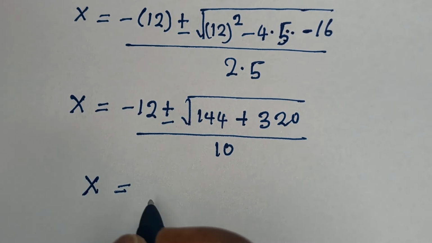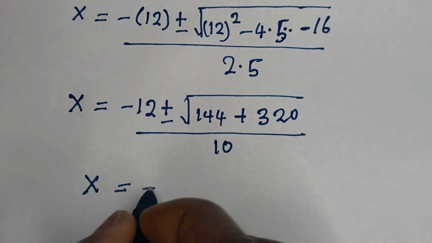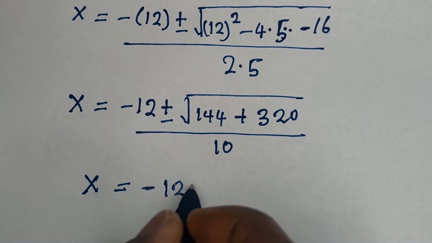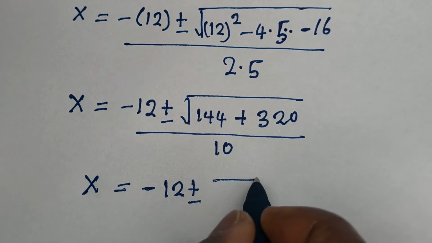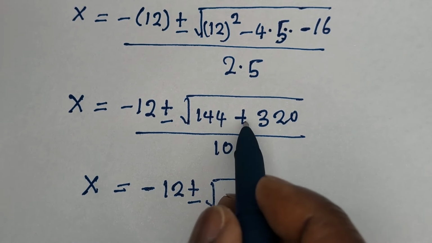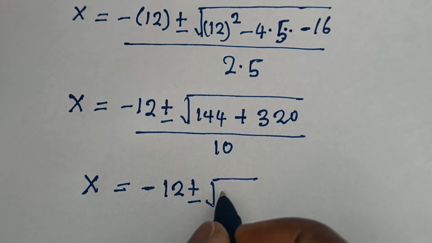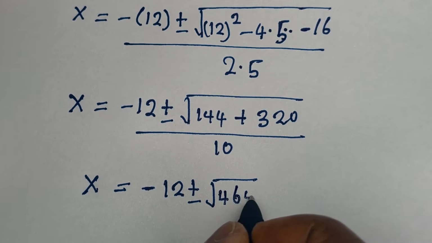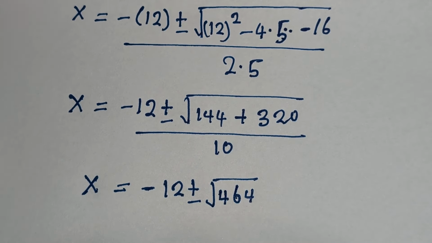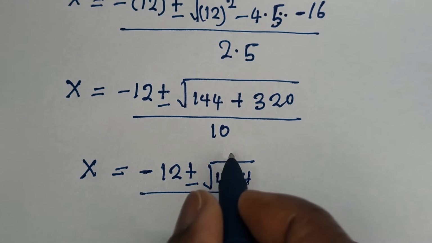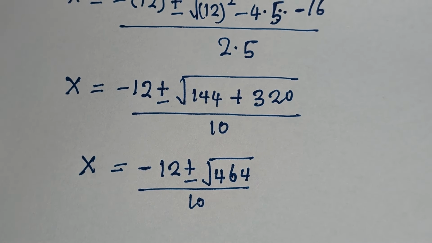x is equal to minus 12 plus or minus square root of, here 144 plus 320, that is 464, over 10.